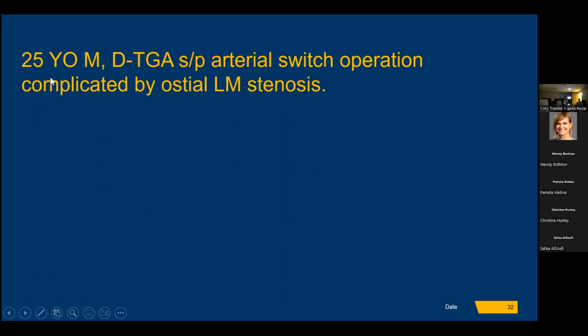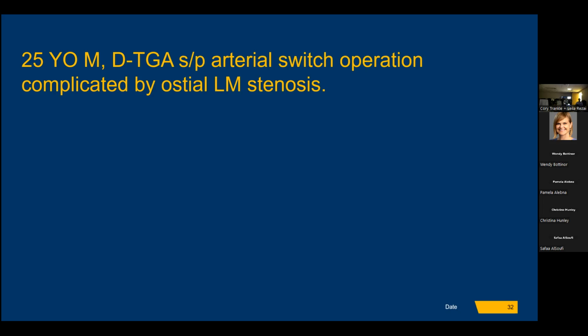We have a case of a 25-year-old male. This patient had basically truncus and then transposition of great arteries. Sorry, he was status post arterial switch operation. In arterial switch, as you know, they do button transfer of the coronary arteries, and he had known ostial left main stenosis.